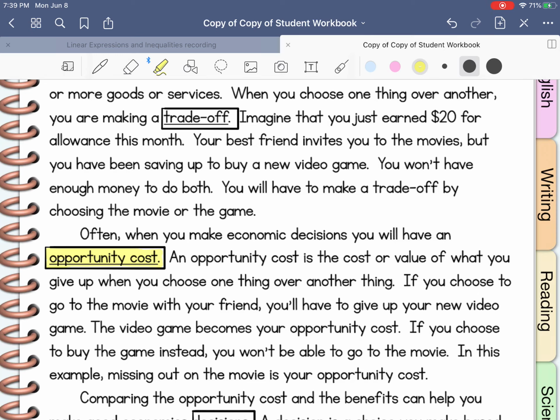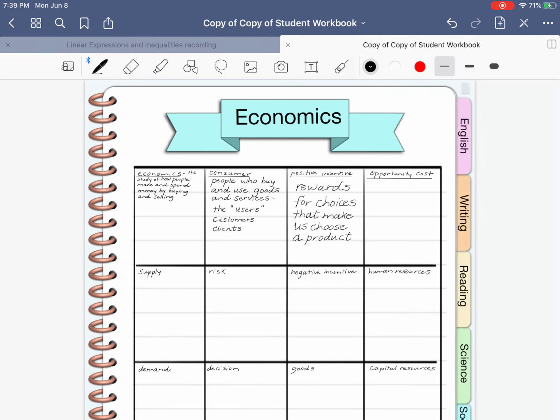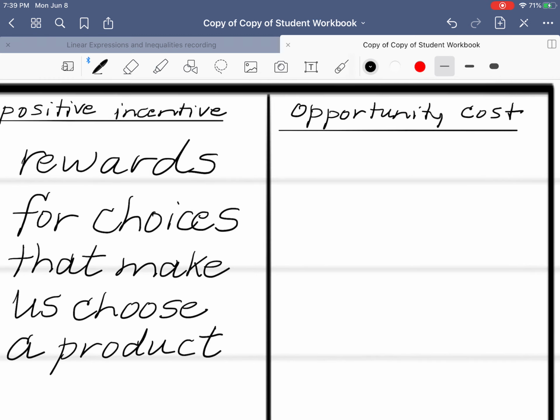An opportunity cost is the cost or value of what you give up when you choose one thing over another thing. So I'm going to shorten that just a hair to the cost or value of what you give up.